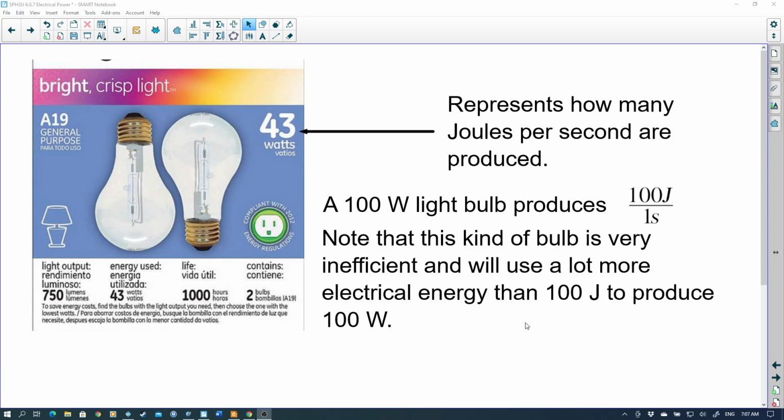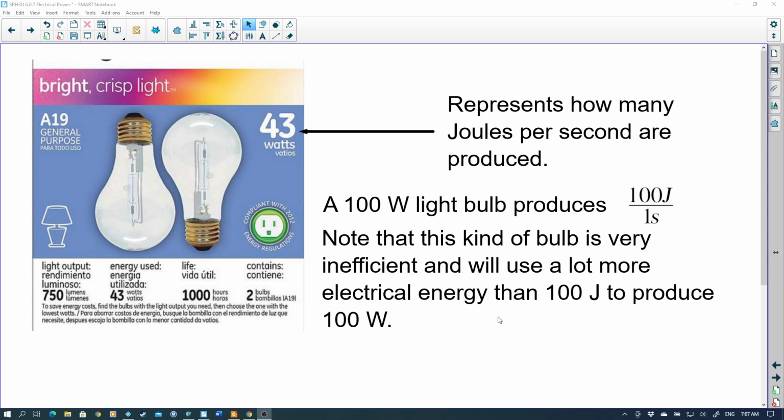And this type of light bulb is considered to be fairly inefficient. The older style ones dealt with filaments, and we talked about this in a previous lesson, or it might be a future lesson, on how heat is generated with a filament, and you're losing that heat to the environment.